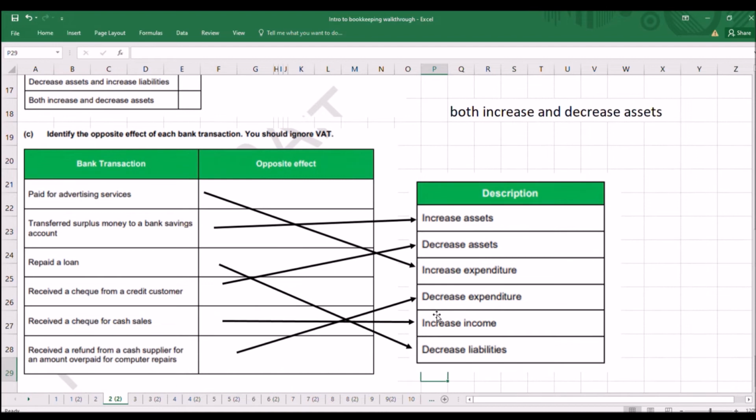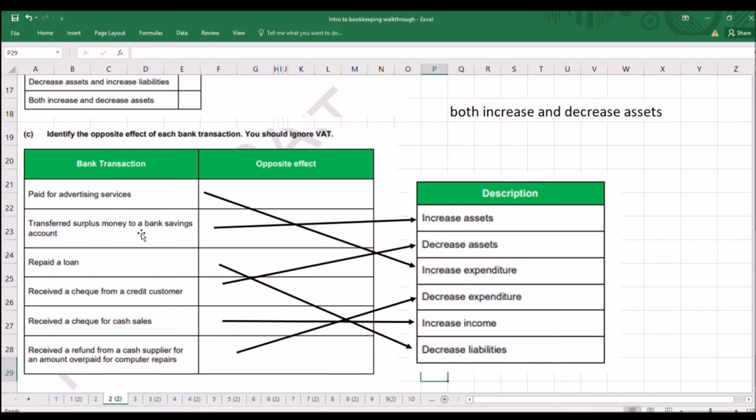Okay, identify the opposite effect of each bank transaction. So we've got whatever the thing is, credit or debit, bank, and what is the other side, and ignore that. So we've gone credit bank, could be paid for the bank. So credit bank, debit expenses, so we've got increased expenditure, so increased expenses.